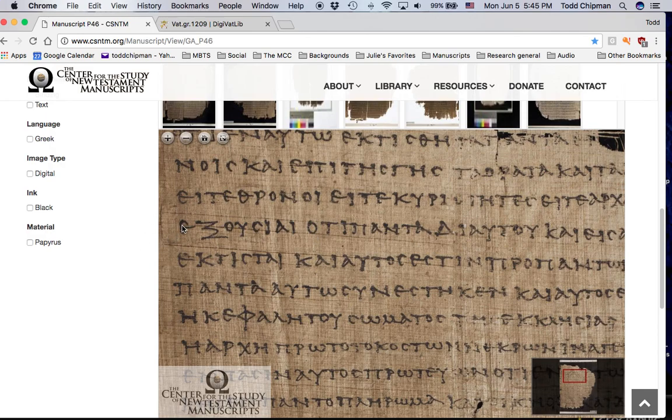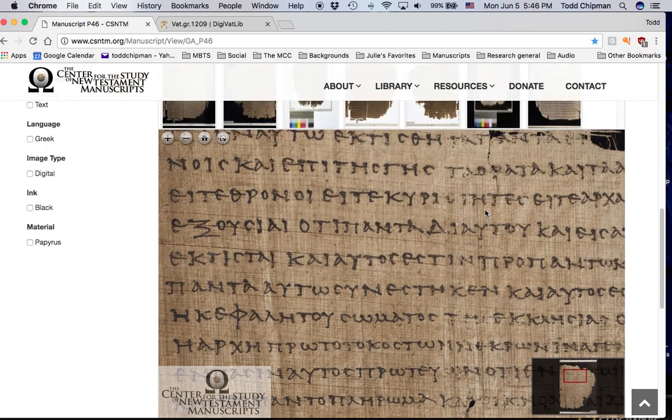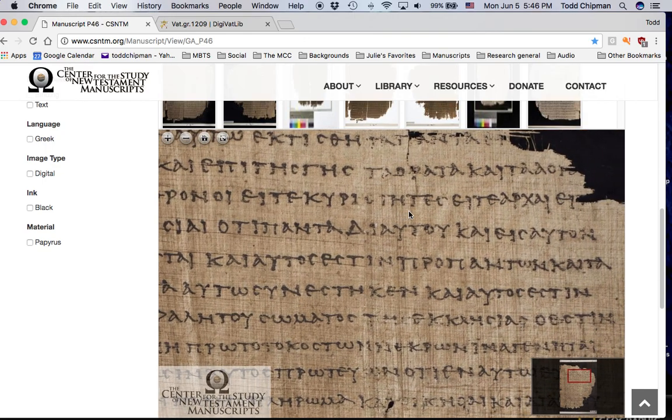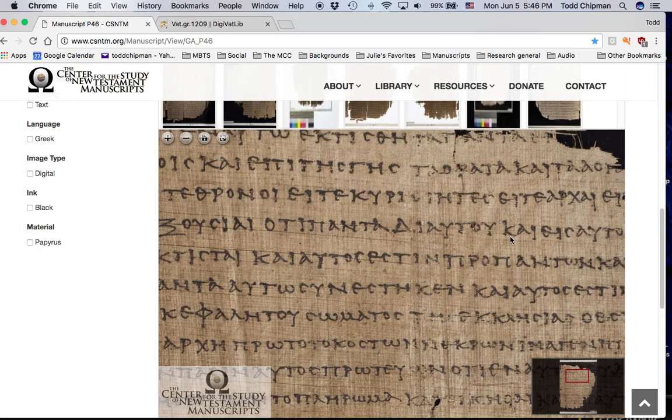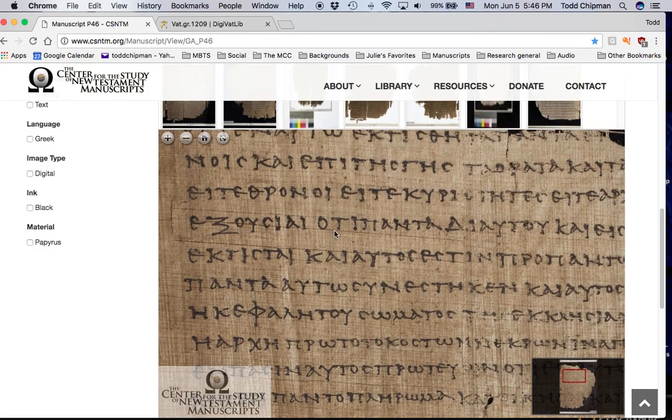And here we have Colossians 1:16, exousiai, right there. And I'm pulling over archai, and then the manuscript is torn here, but you can see exousiai, hoti, not ta, but hoti panta.